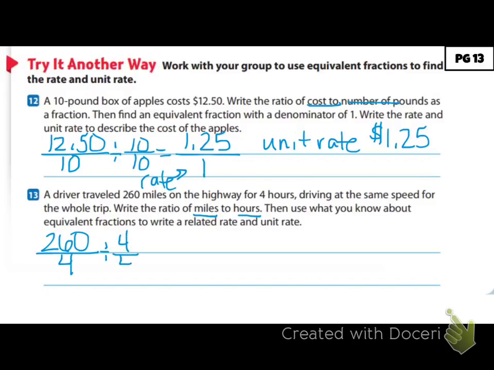So we're going to divide both top and bottom by 4. Obviously, 4 divided by 4 is 1, and 260 divided by 4 gives us 65. So this is our related rate, or our rate. And then to find our unit rate, it's just our top number. So our unit rate would be 65 miles.